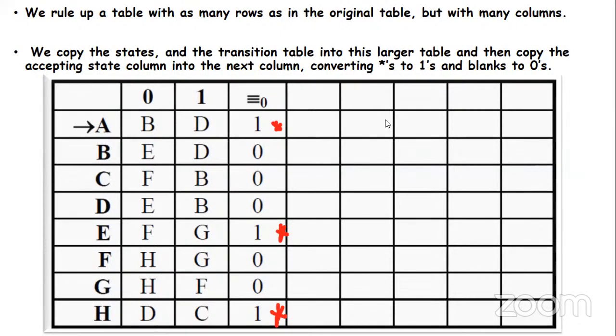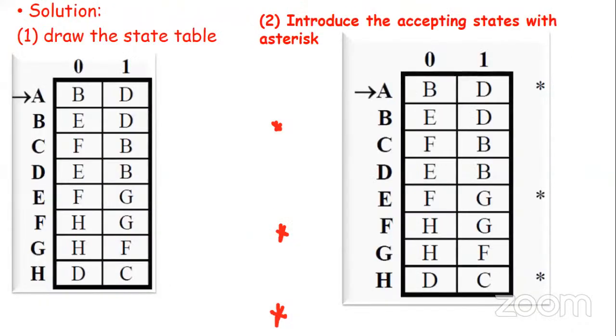Let me go back to the previous one so that you look at it. This one has an asterisk. It has now been replaced with 1. This guy has an asterisk. It has been replaced with 1. This one has an asterisk. It has been replaced with 1. So every other state is assigned the value of 0 because they are not accepting states. Do you get it now?